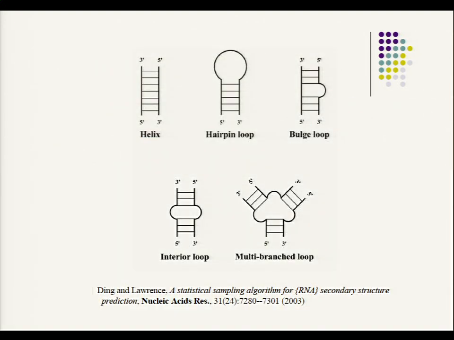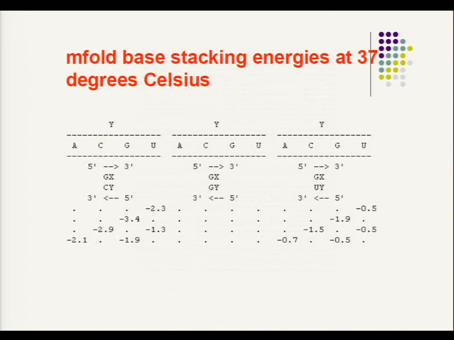A helix consists of stacks, a hairpin loop, a bulge, an interior loop, and a multi-branch loop, for which one applies an energy value depending on the number of junction branches.